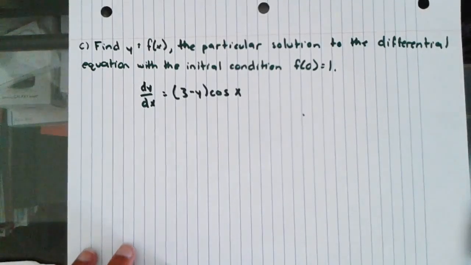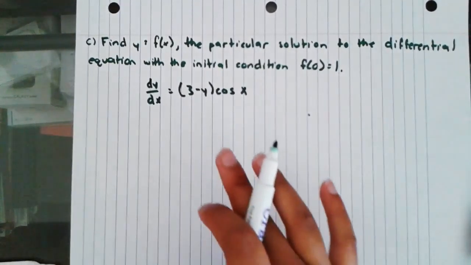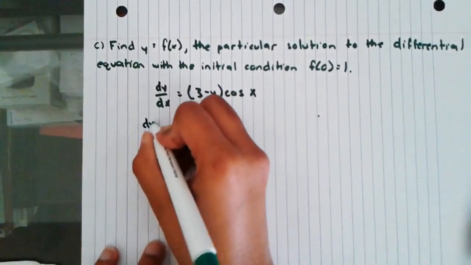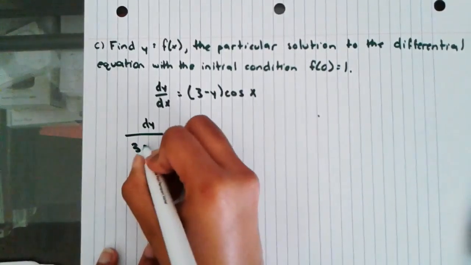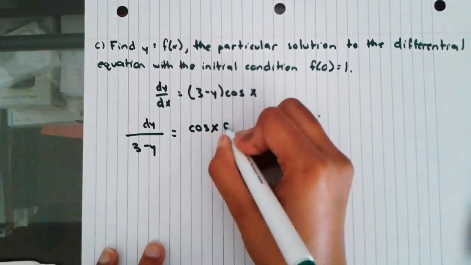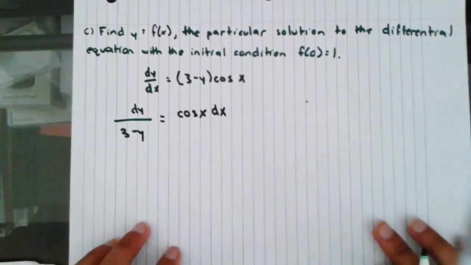So the first thing you would have to do is separate the things with the x's and the things with the y. So dy over (3 minus y) equals cosine of x dx.